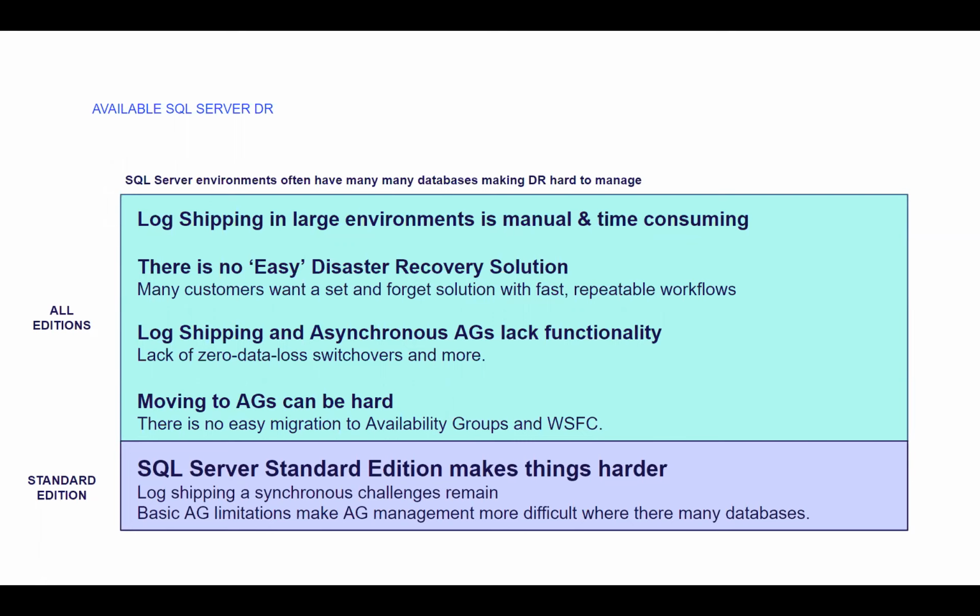To quickly summarize, AG could be a challenge because for this you really need to install a cluster, and it's sometimes too big a solution for what the DBAs or the customer would actually need. Log shipping also provides you with DR capability, but the problem is that it is usable only in smaller environments.